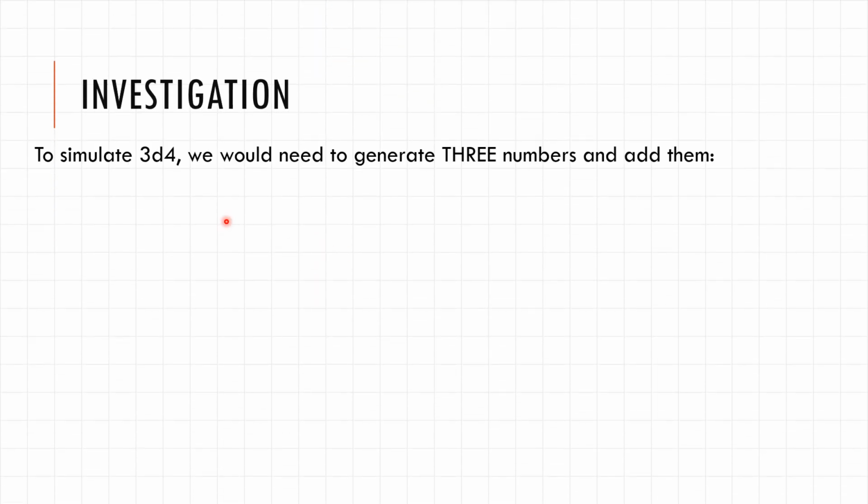To simulate 3d4, we would actually need to generate 3 random numbers and then add them together. So you might be tempted to say, oh, 3 four-sided dice, that's the same thing. Like the minimum I would get is a 3, 1+1+1 equals 3.